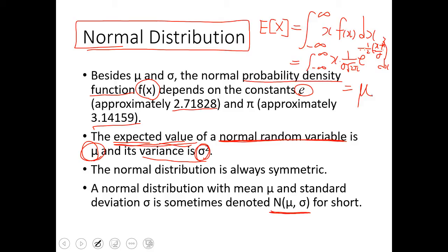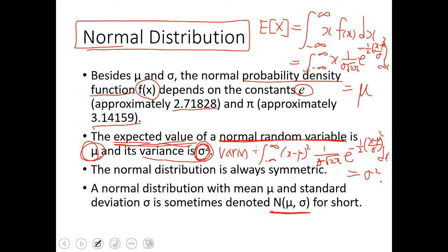The details are omitted because you need not know them. And the variance of x, the integral from minus infinity to infinity of (x minus mu) squared times the same density dx, is sigma squared.